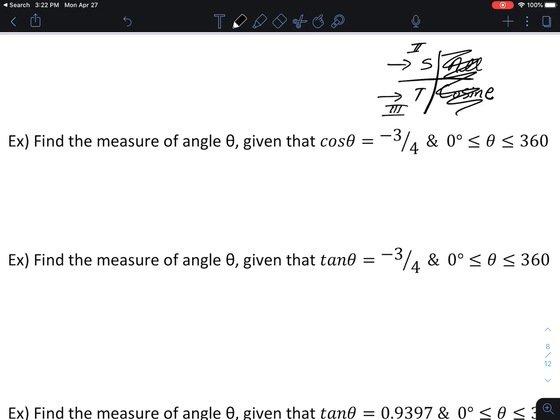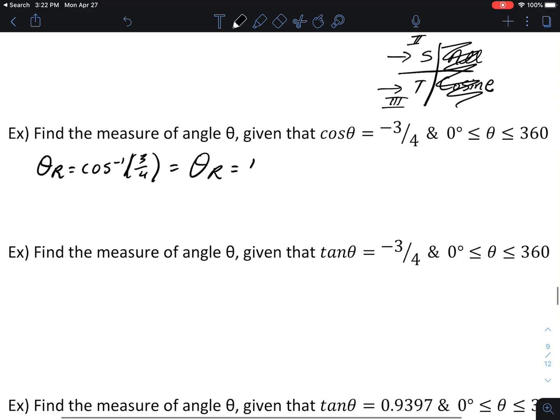So my answer cannot be there. It has to be in quadrant 2 or 3. Now I'm going to find the reference angle by doing the inverse cosine of the absolute value of negative 3/4, which is positive 3/4. That gives me the reference angle, and if I do that, I get 41.4 degrees.